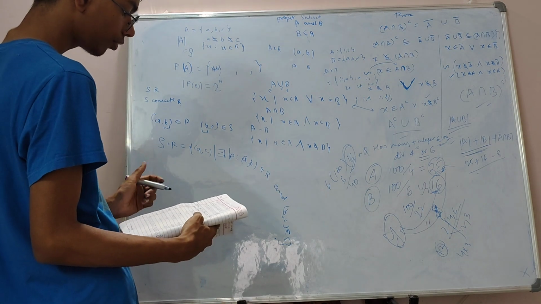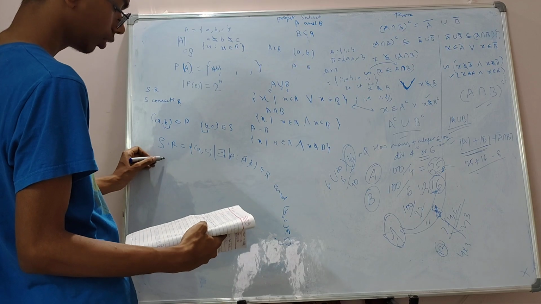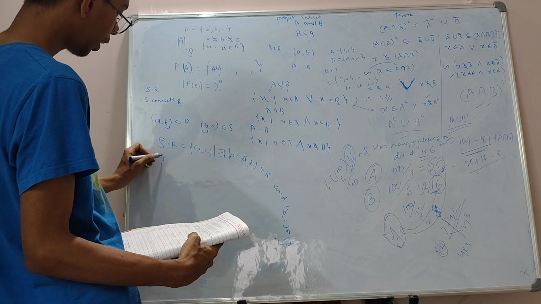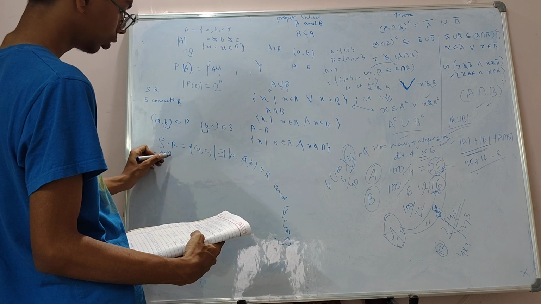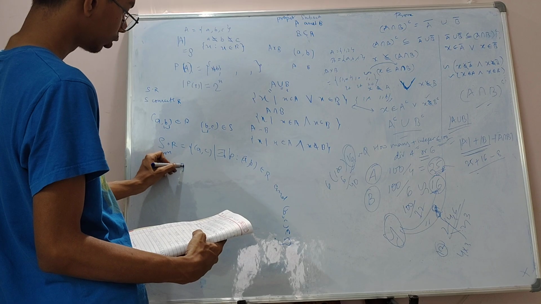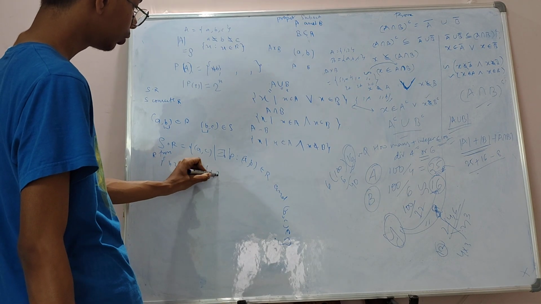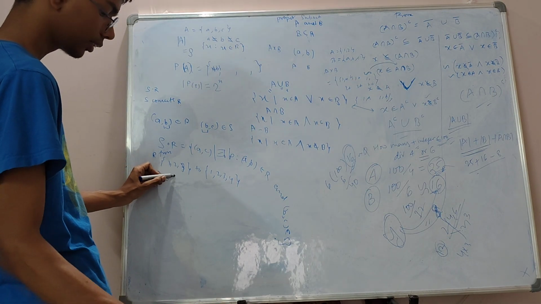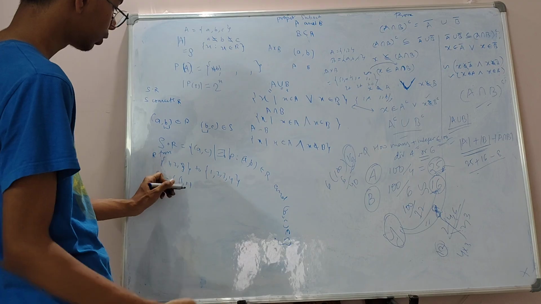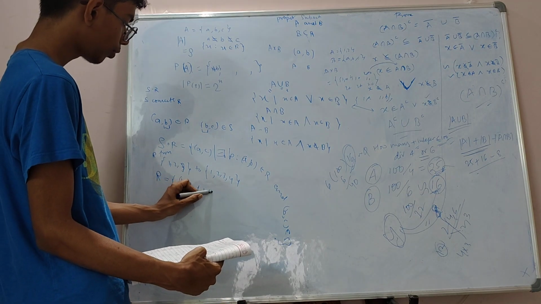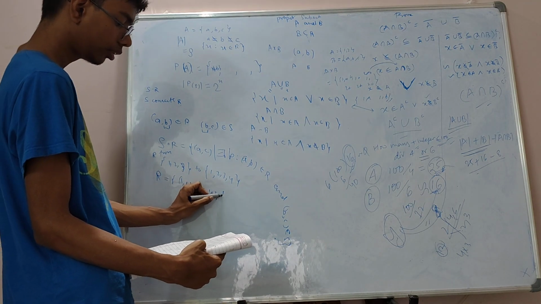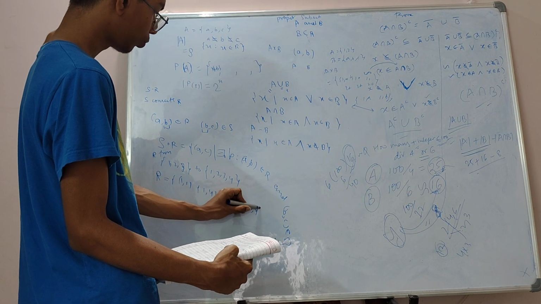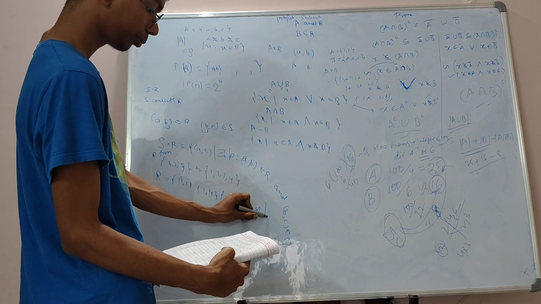Suppose I have R from 1 to 3 to 1, 2, 3, 4, and my set R is (1, 1) obviously, and (1, 4) is also clear, and (2, 3) is also true, and (3, 4) is also valid, right?